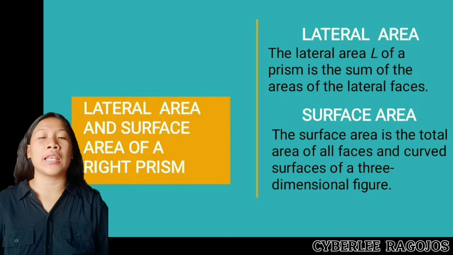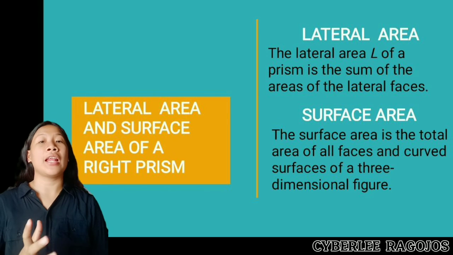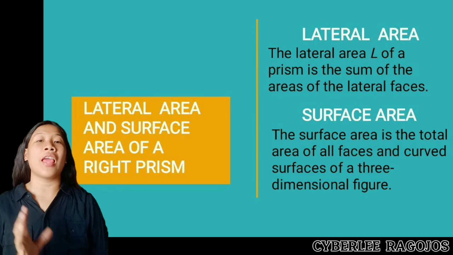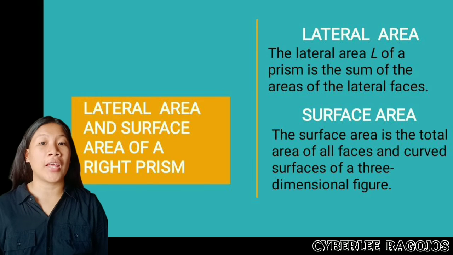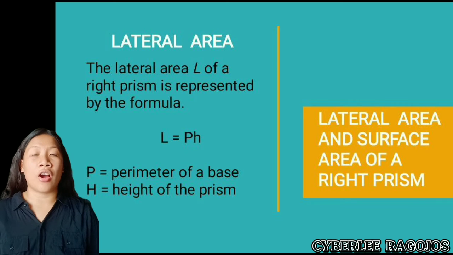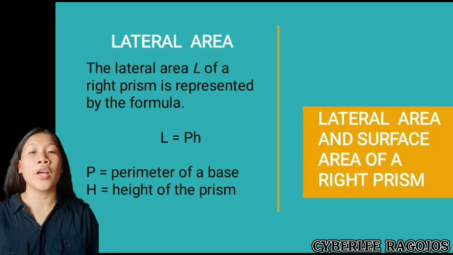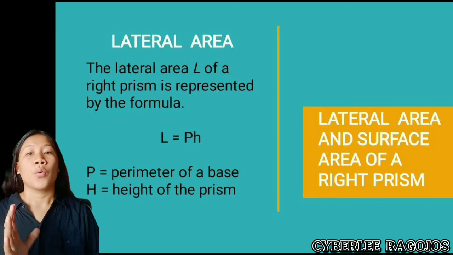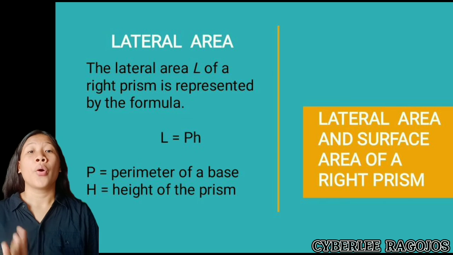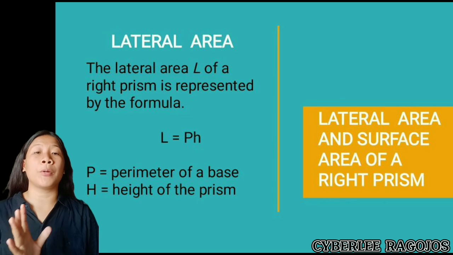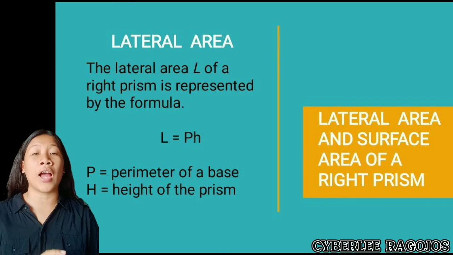Let's proceed to the lateral area of a right prism. So, what is a lateral area? The lateral area of a prism is the sum of the areas of the lateral faces. Lateral area, or symbol L, of a right prism is represented by the formula L is equal to PH, where P represents the perimeter of a base and H represents the height of the prism.